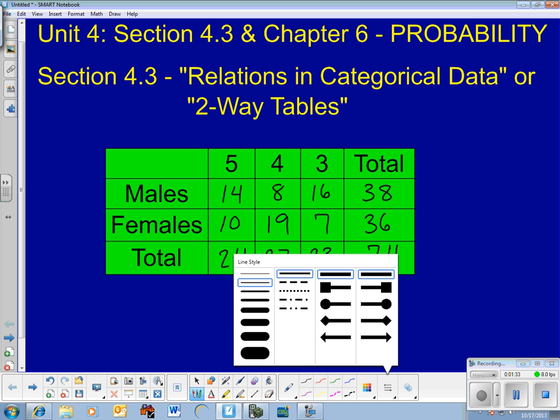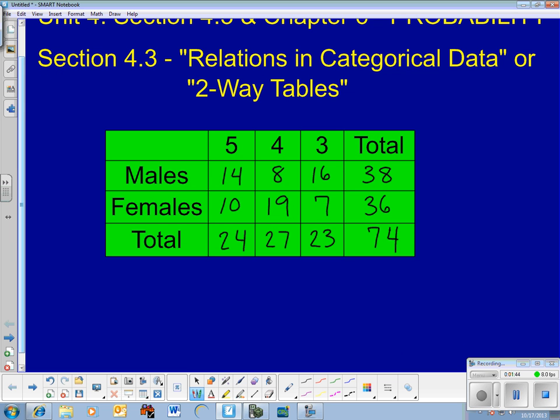And so take a minute if you haven't already, maybe pause and write this table down. And I want to just give you some features of it. First of all, we have two variables combined. We have a row variable and a column variable.